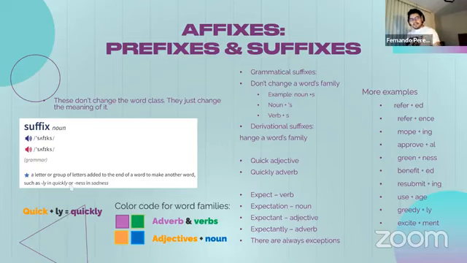The other example that we have here is -ness. So we have happy, which is an adjective. Then we add the ending -ness, and we obtain the word happiness.